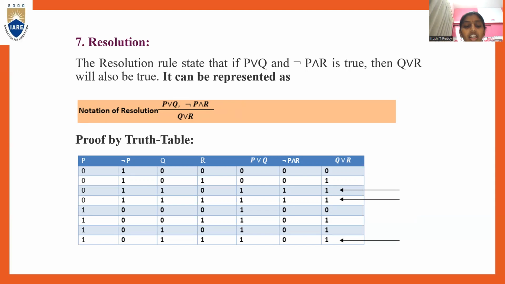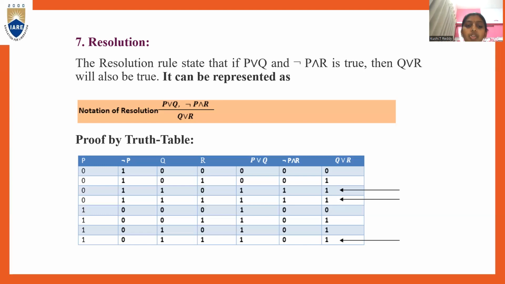So when P, Q, R are 0, then P or Q becomes 0, negation P or R becomes 0, and Q or R also becomes 0. When P is 0, Q is 0 and R is 1, then P or Q becomes 0, negation P or R becomes 0, and Q or R becomes 1.